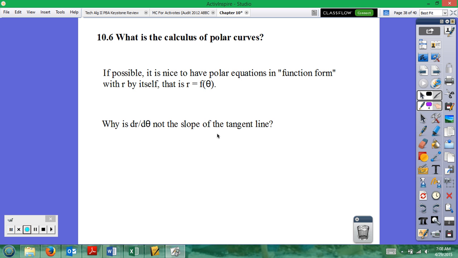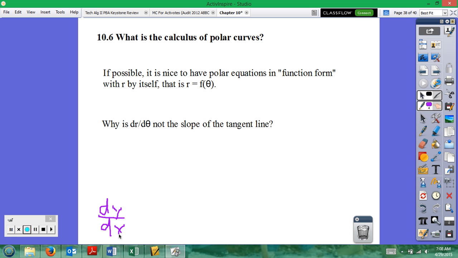But if we're modeling something in polar form, it's still graphed on a Cartesian plane, and we want to know what the tangent line will be, what the direction of the force or the motion is. And so dr d theta won't do that. To get dy dx, the slope of the tangent line, it's actually not all that tough.